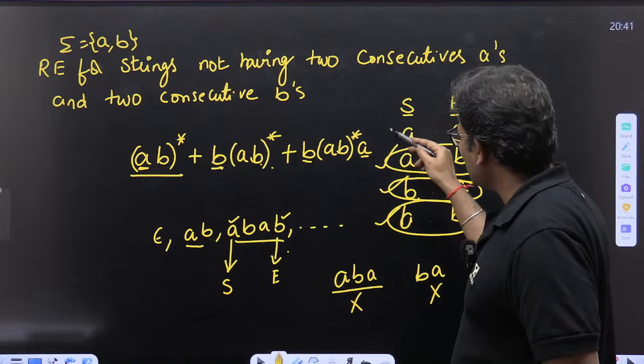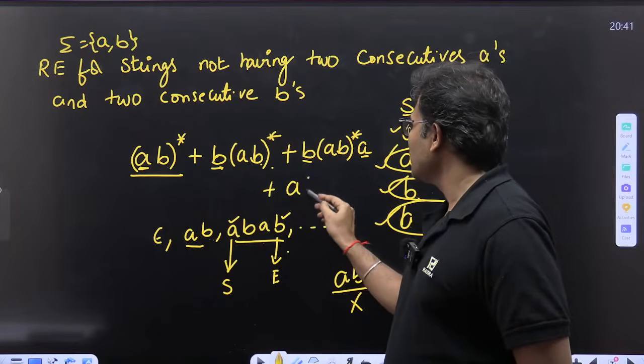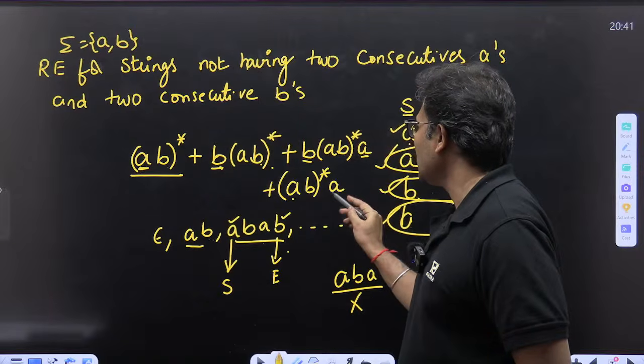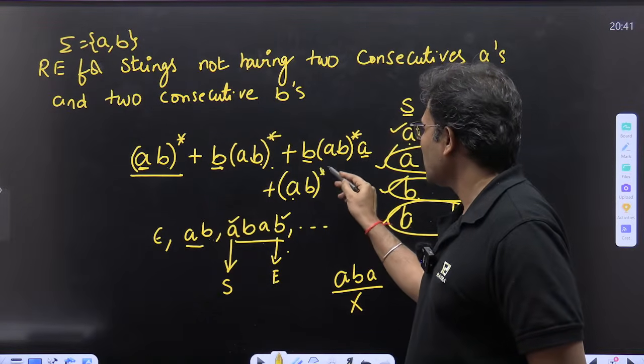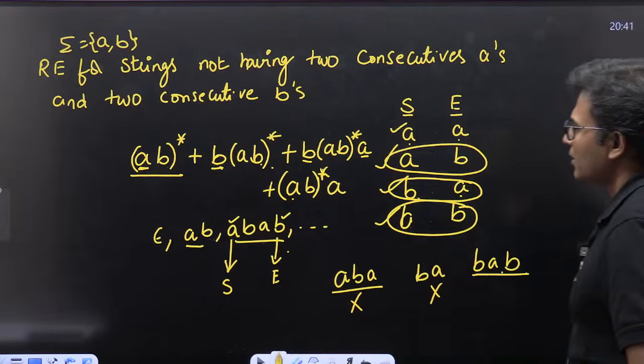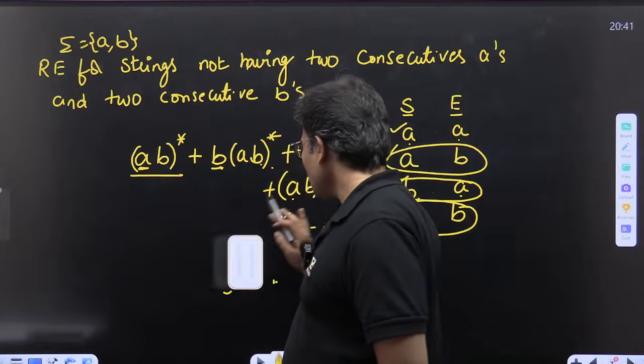Now we didn't cover the case starting with A and ending with A, right? So I'm going to write (AB)*A, starting with A and ending with A. Now you simplify it.